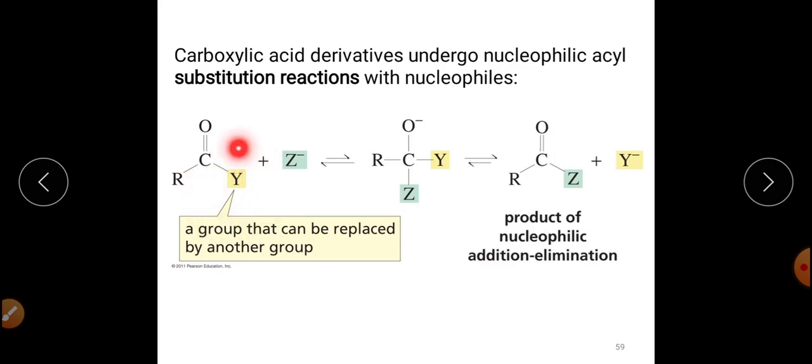If this is a leaving group, at that time they will have a nucleophilic substitution reaction, and if this is not a leaving group, at that time there will be addition reaction. For example, this group is being replaced by this nucleophile, so in this case we have a nucleophilic substitution reaction.